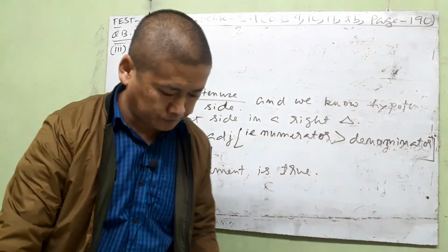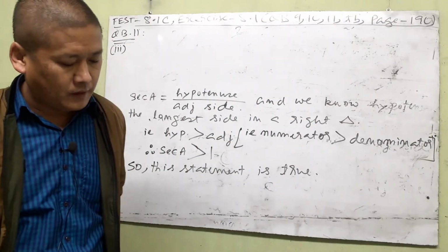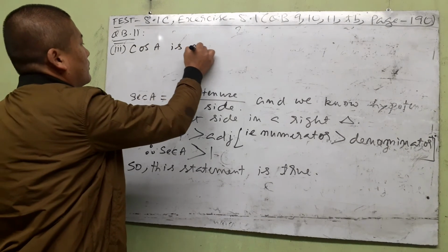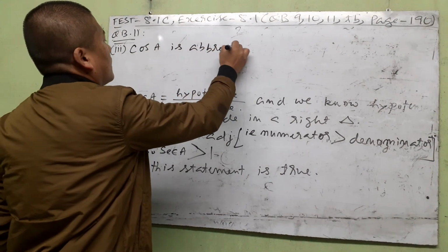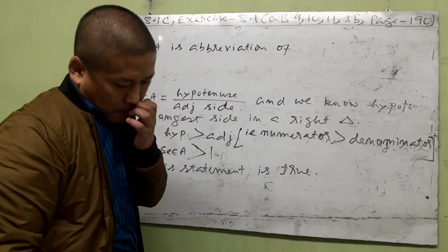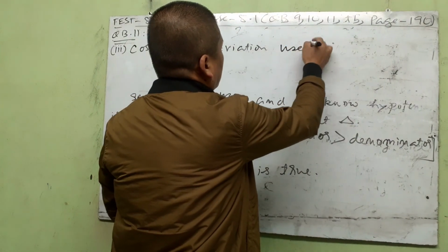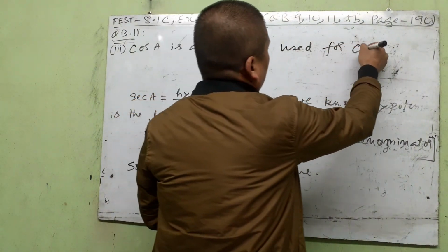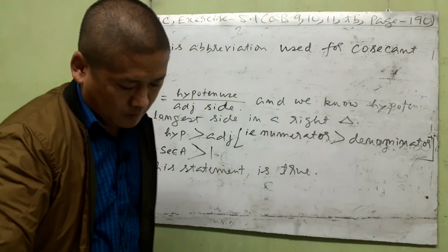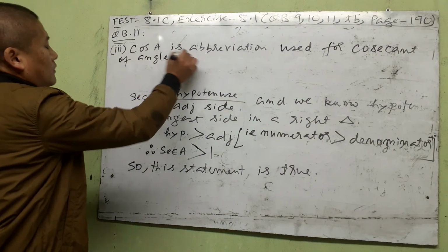Okay, so here: cos A is the abbreviation for cosecant of angle A. So the question is saying cos A is the short form. Abbreviation means short form. Abbreviation used for, exact language of the text, cosecant of angle A. True or false?